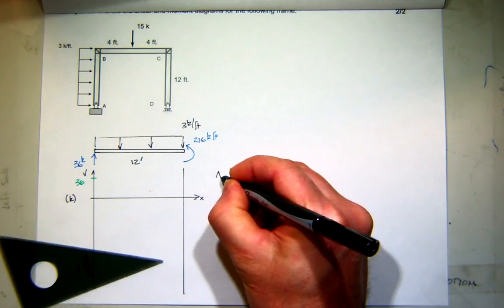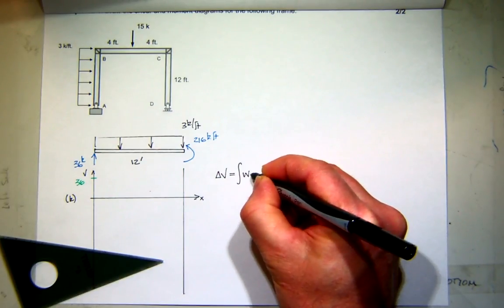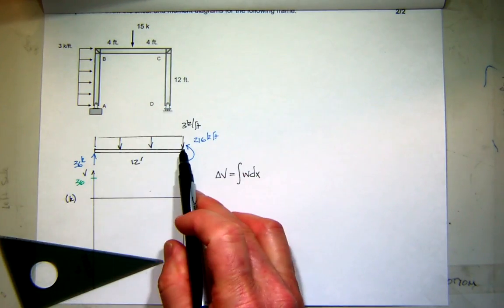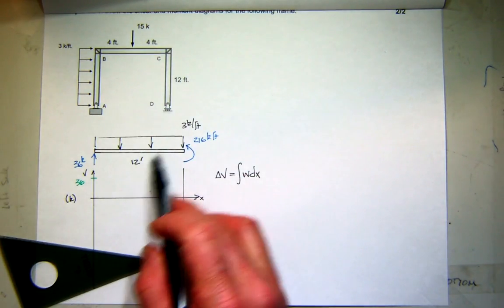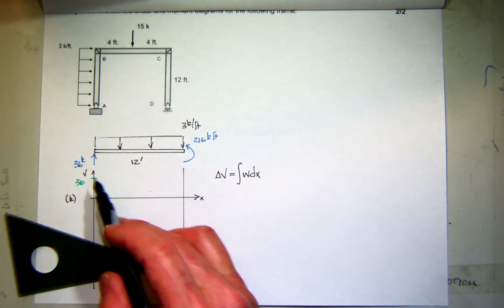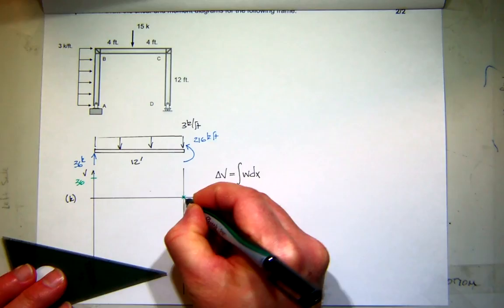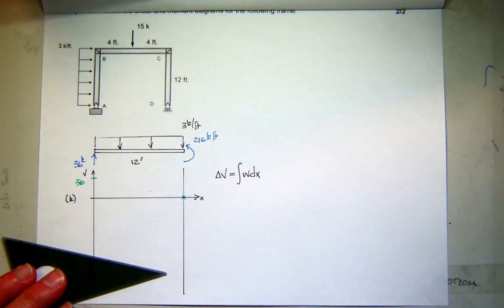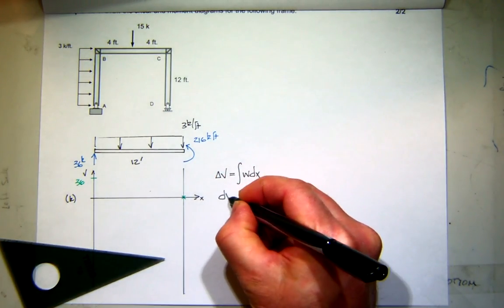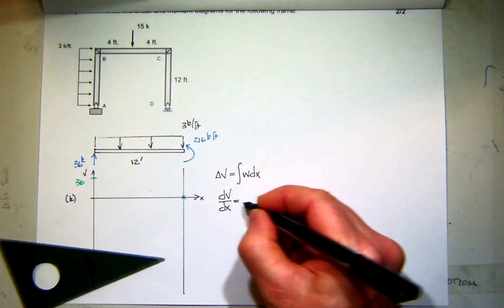Remember that the change in shear is the area under the load diagram. What is the total area under my load diagram? Base 12 times height 3, that's negative 36. So positive 36 minus 36 gives me 0. And that matches with the shear, which is 0. The change in shear with respect to x, or the slope, is the load.